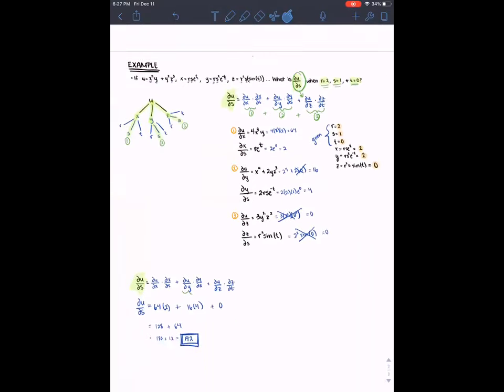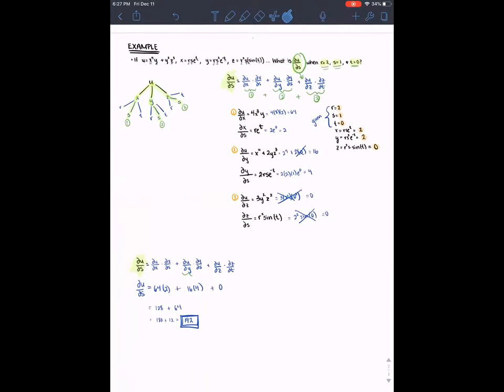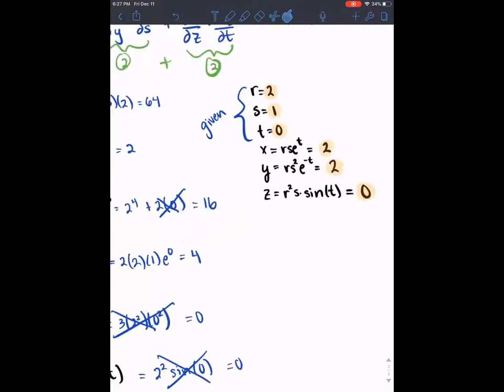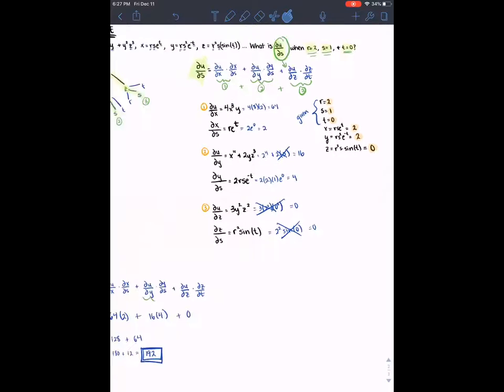So notice, I'm just going to quickly recap how we found that. We built a tree in order to show us how the chain rule works. We built a tree for partial of u with respect to s. We followed the paths to get to partial of u with respect to s. We added all of those paths together. And then we found what x, y, z, r, s, and t, what those values all were by plugging in r, s, and t into the equations of x, y, and z.